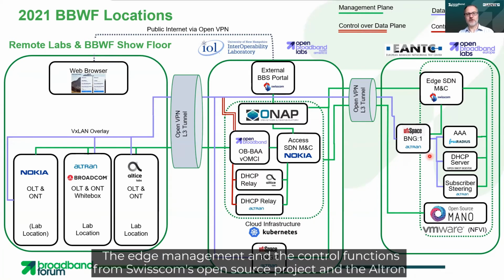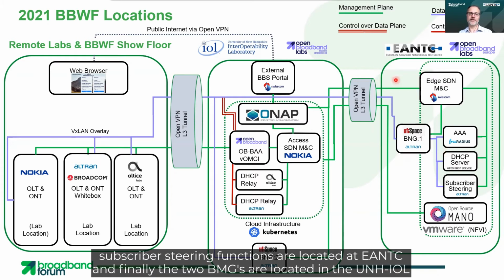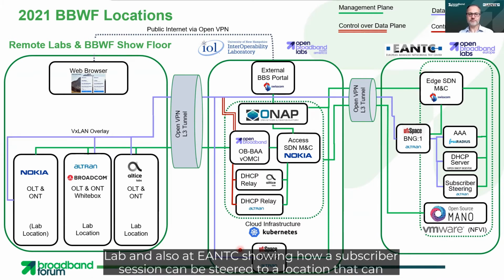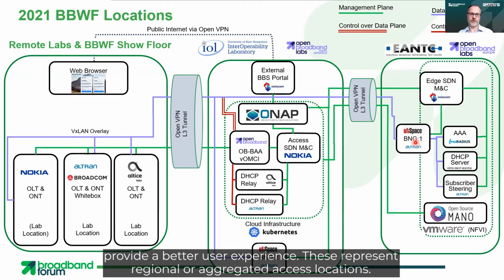The edge management and the control functions from Swisscom's open source project and the Altran subscriber steering functions are located at EANTC. And finally, the two BNGs are located in the UNH-IOL lab and also at EANTC, showing how a subscriber session can be steered to a location that can provide a better user experience. These represent regional or aggregated access edge locations.